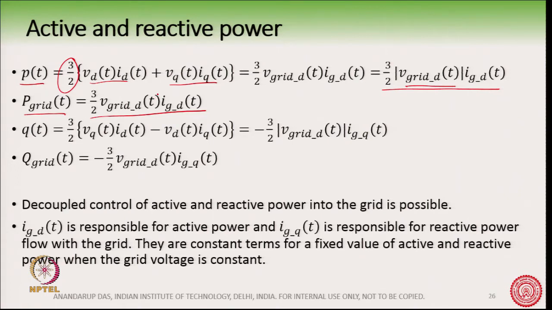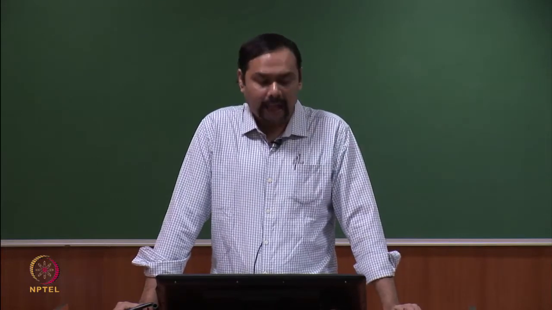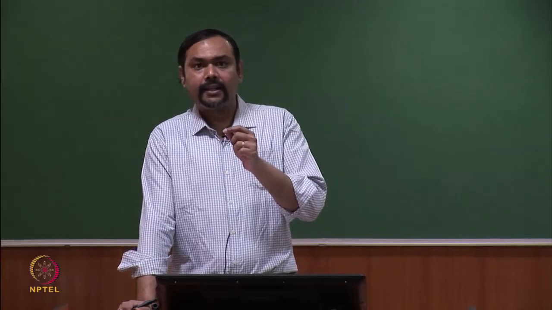So, if Vgrid is a fixed value, then the power exchanged by the VSC with the grid, Pgrid, is entirely controlled by Igd, which means the d axis component of the grid current entirely controls the power exchange, and there is no influence of the q axis.